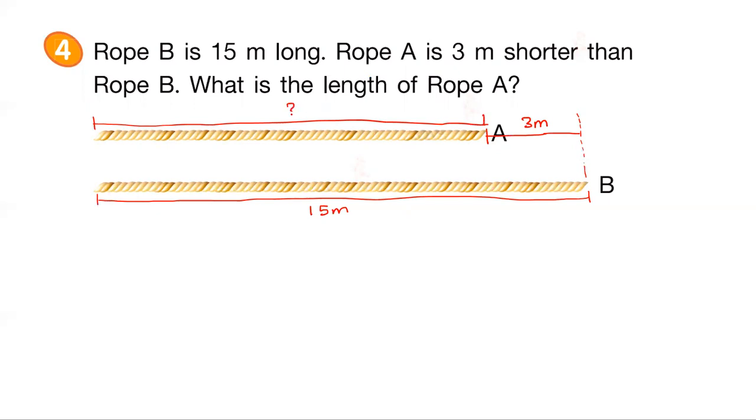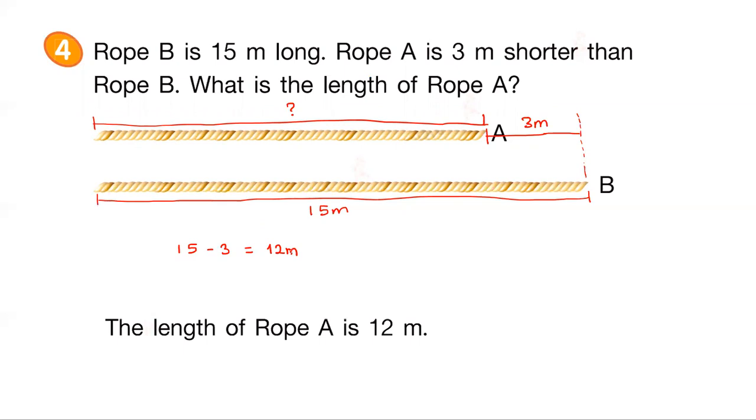How many meters do we have? To know the length of rope A, we have to get 15 minus 3, so that we get 12 meters. So the length of rope A is 12 meters.